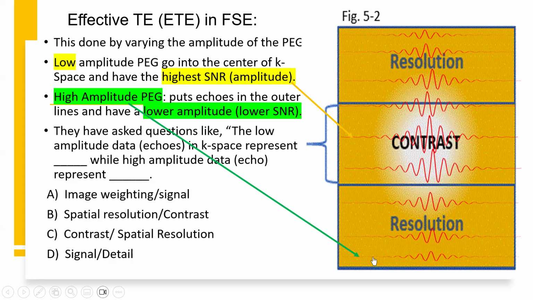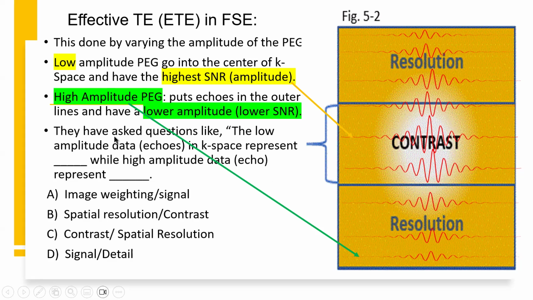So at TE, they're not all together. They don't have their act together. So the amplitude of the echo is lower because of the high amplitude phase encoding gradient. The high amplitude phase is a resolution line. So it goes to the edges.